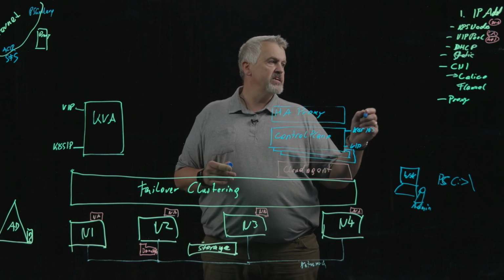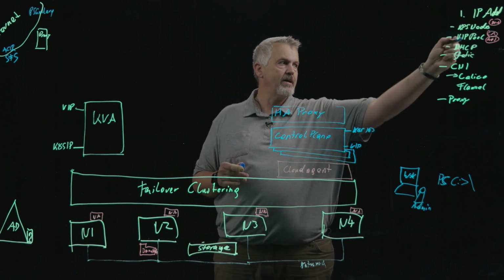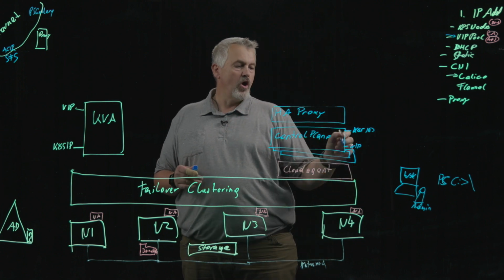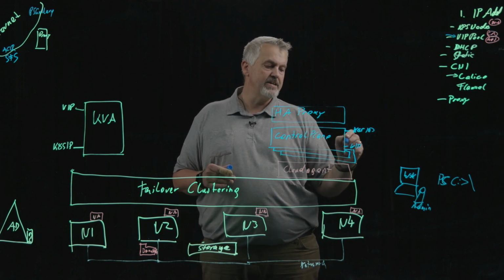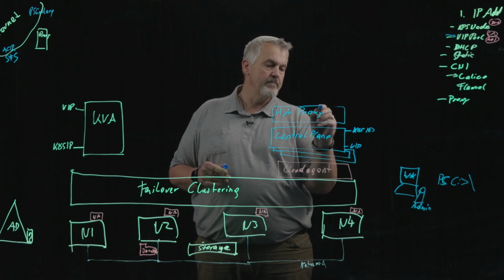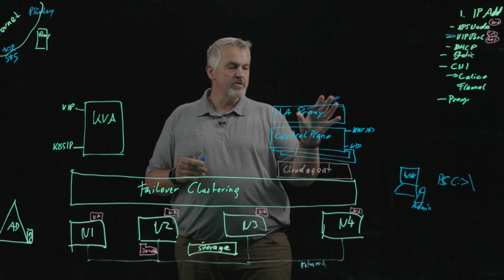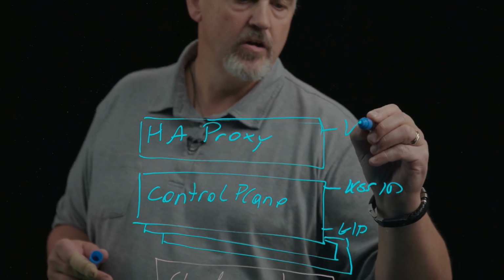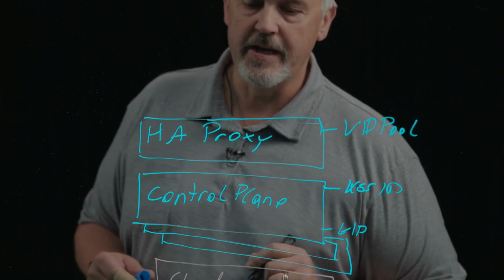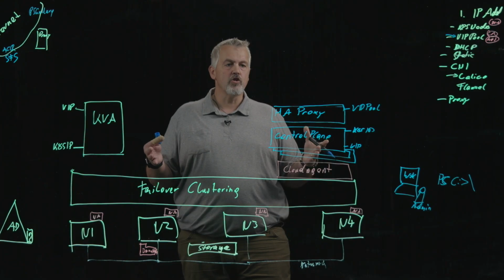That HAProxy is the owner of the VIP pool that you have defined. So all the services, besides the API server, which lives down here, are going to be hosted by HAProxy. So this one's going to expose all your Kubernetes services.